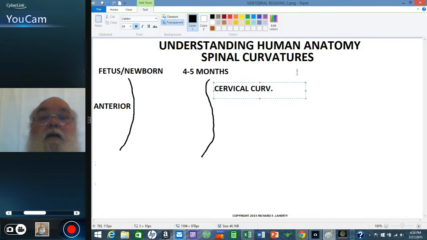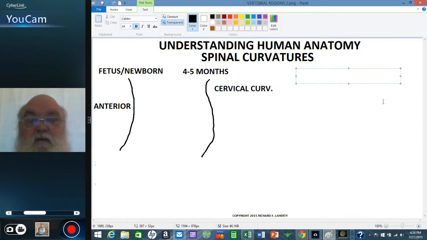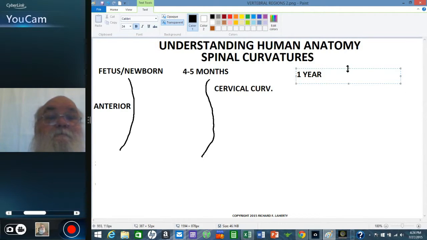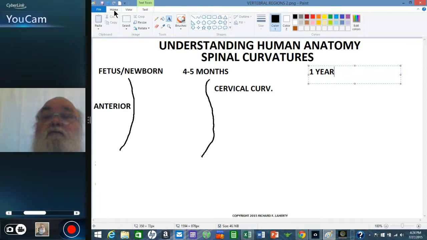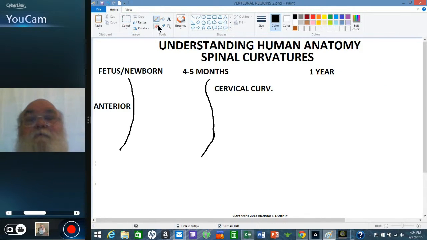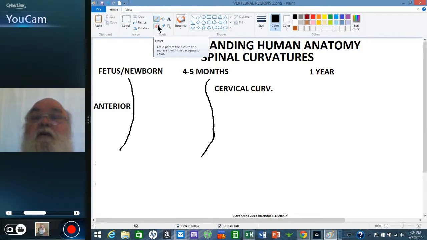Now if we move a little bit later in development, say a 1-year-old, we'll see that there are now 2 curvatures that are concave posteriorly.